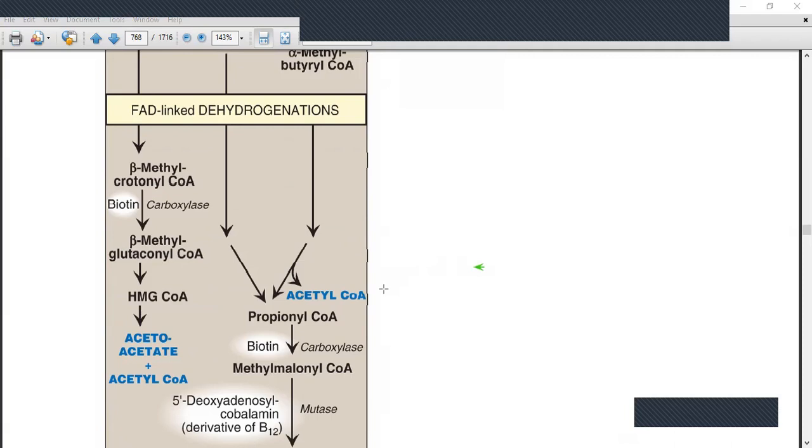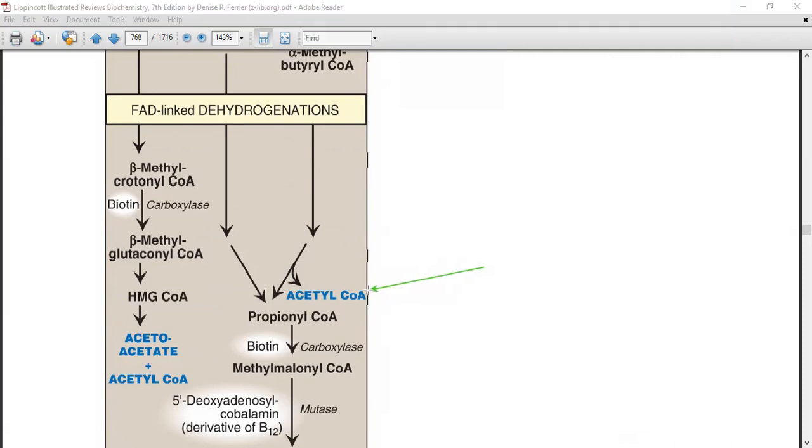Acetyl CoA, which will go to ketone body synthesis, so it is ketogenic, and at the same time, it will also form propionyl CoA, which is glucogenic. That is why I've said isoleucine is both ketogenic and glucogenic. Now, after forming propionyl CoA, how will we obtain succinyl CoA, which will enter the gluconeogenetic pathway?